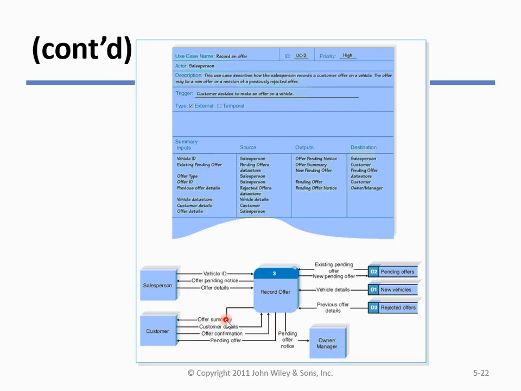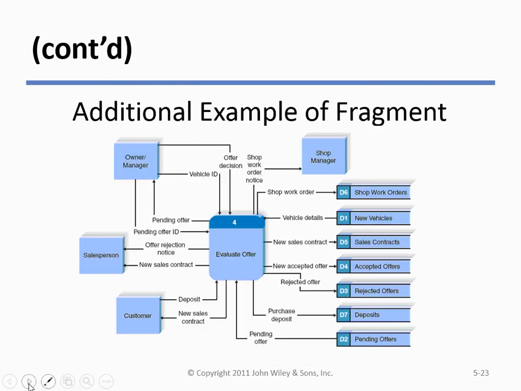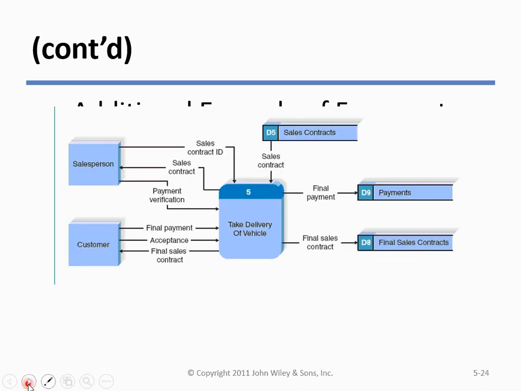So there is a correspondence, and it's not a challenging one to understand. Here's yet another example of a fragment: all the things that come in and out of a process, going from one use case to another, making a process out of each one.